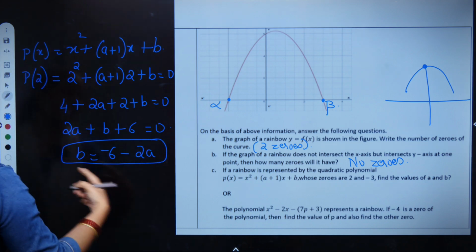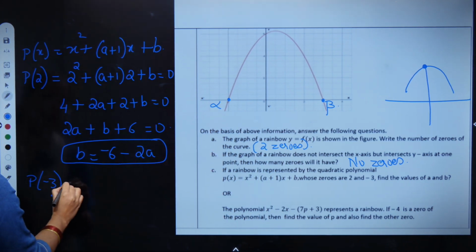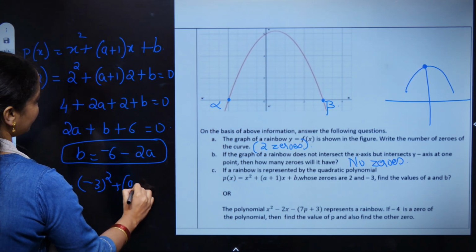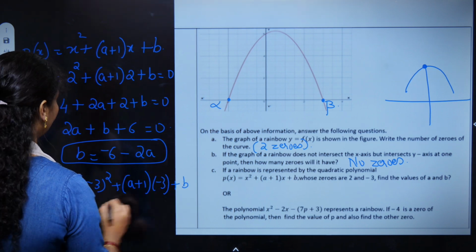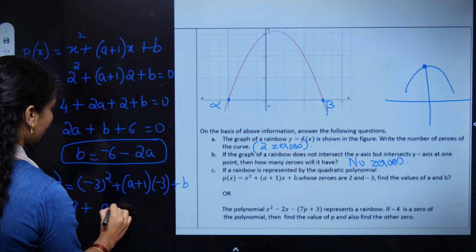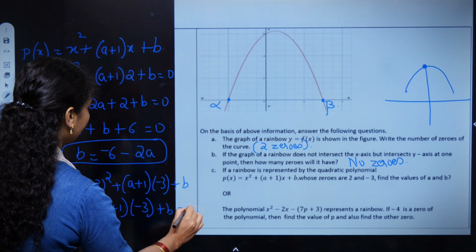In the second part, negative 3 is my zero. So let us find p of negative 3. Negative 3 whole square plus (a plus 1) into negative 3 plus b, equated to 0. So this is 9 plus (a plus 1) into negative 3 plus b equal to 0.